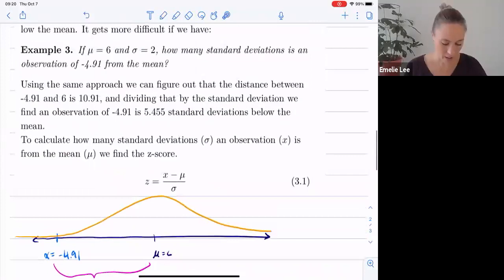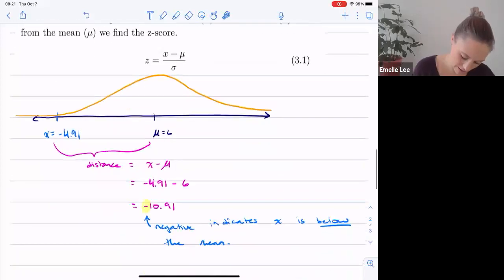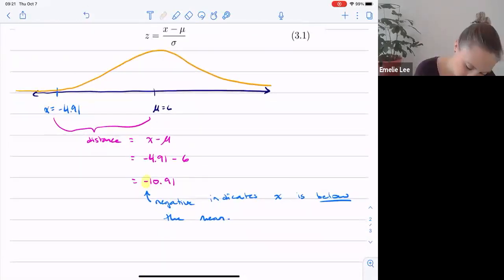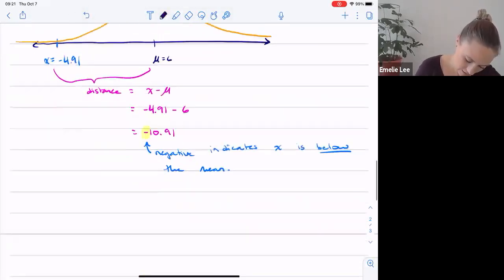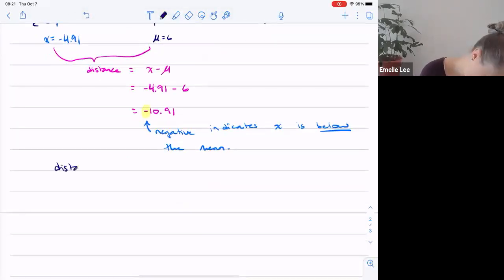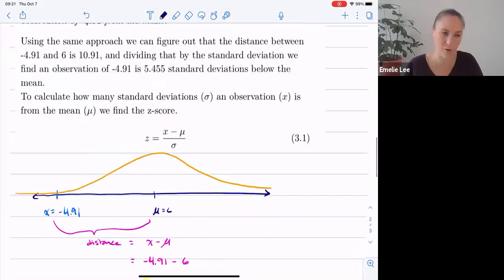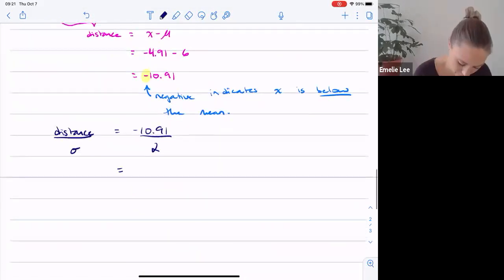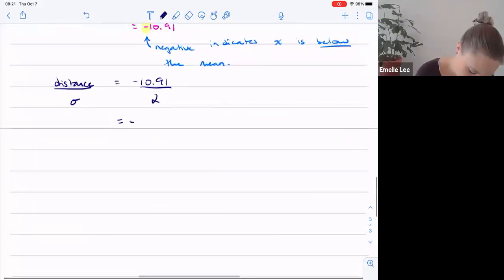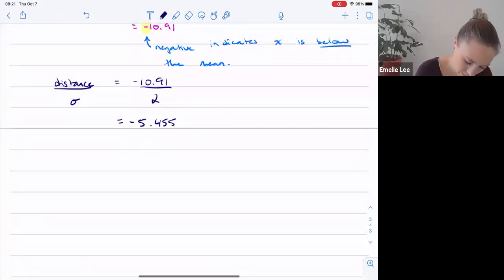Okay, so if we have a distance of negative 10.91, once I divide that by the standard deviation, the distance divided by sigma is going to be negative 10.91 divided by 2, which is negative 5.455.